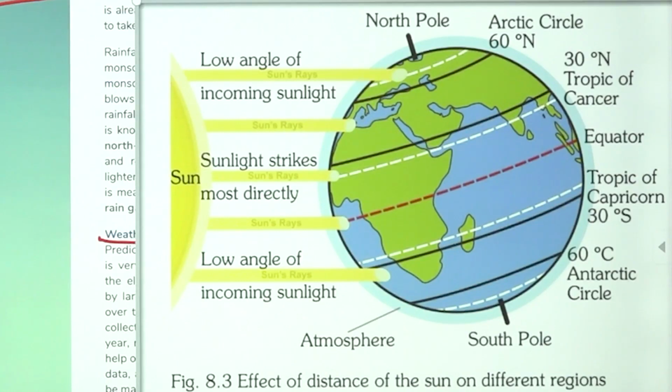This is because of the varying angle at which the sunlight falls on the earth. If we take a simple example, Chennai is closer to the equator and therefore it has a hot and humid climate throughout the year. Whereas Shimla, which is away from the equator, has a relatively colder climate.